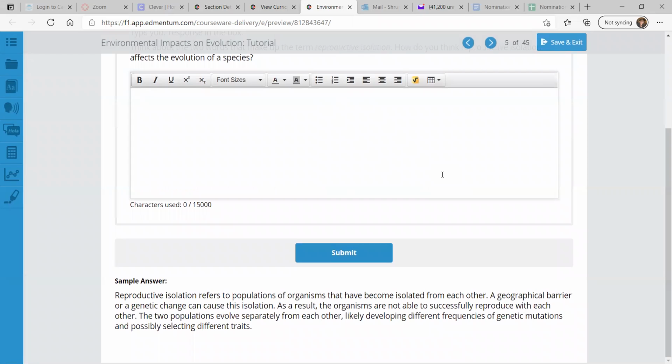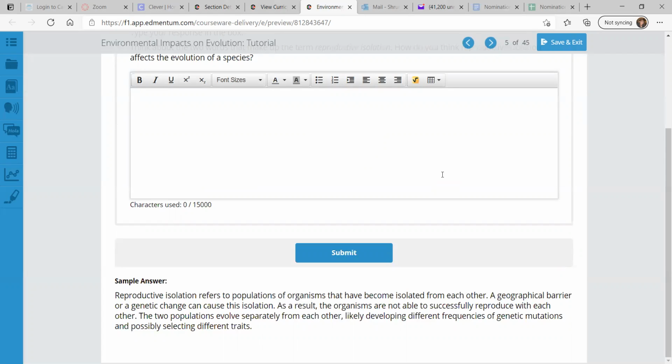Well, our sample answer here is reproductive isolation refers to populations of organisms that have become isolated from each other. A geographical barrier or a genetic change can cause this isolation. As a result, the organisms are not able to successfully reproduce with each other.